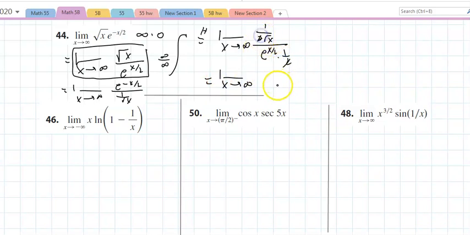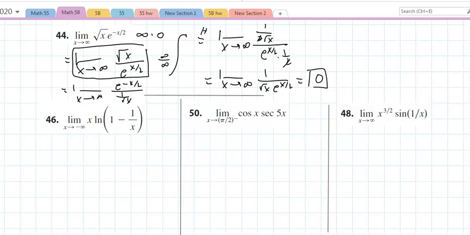The 2's cancel out. That is 1 over radical x e to the x over 2. And as x approaches infinity, if the denominator is growing without bound, wouldn't that be 0? Because that's 1 over infinity. And there it is. That's how we do those. So the algebraic manipulation is a must. Of course, the other way works as well, but one of those is normally easier than the other.